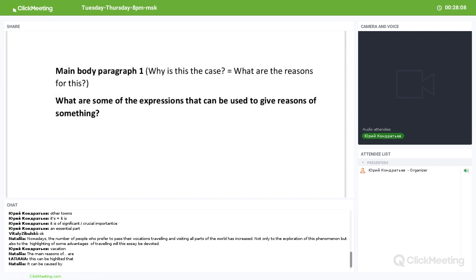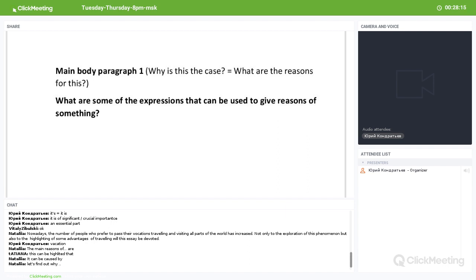Are there any other ideas? Let's find out why. Well, Natalie, this is not academic because, well, first of all, it's a contraction. Even if you say let us, it is not suitable for an essay in IELTS.